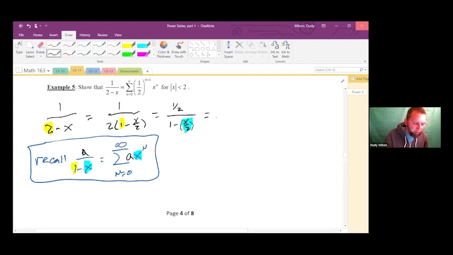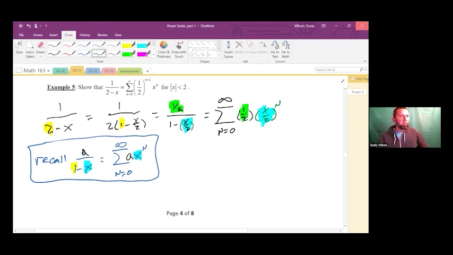So this will be equal to the sum from n equals 0 to infinity. And then we have A, which for us is a half. So this half right here. And then I want to multiply by the x, and our x is x over 2, all raised to the nth power, like that.